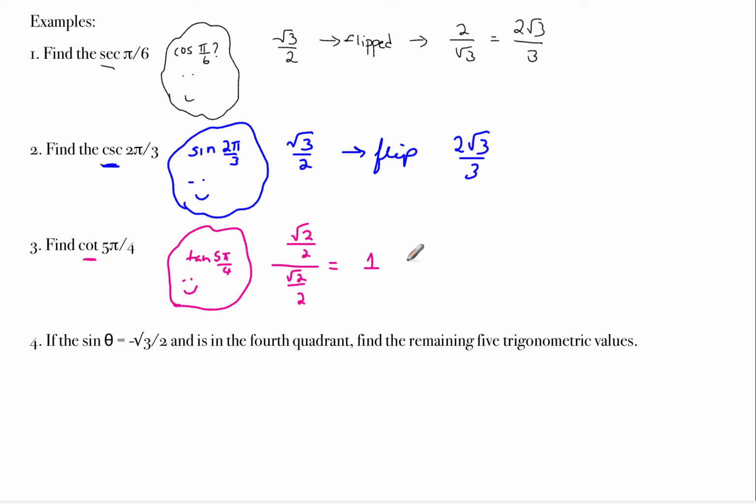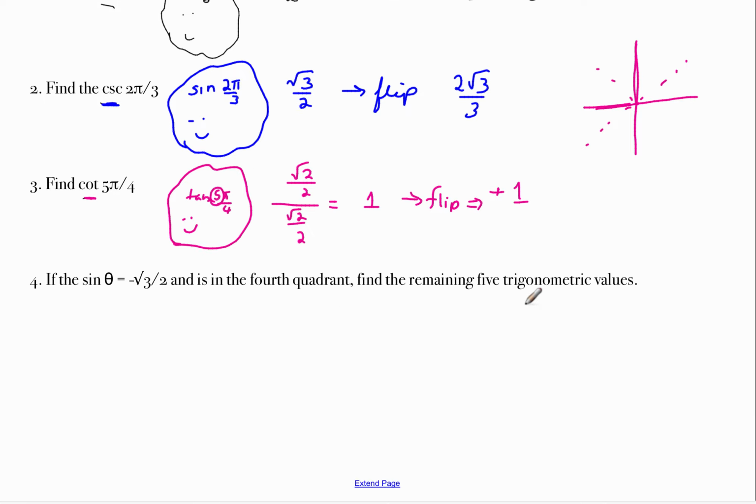So then I flip that, and I get 1. The last thing I have to do here is make sure that I'm in the right quadrant. So 5 pi over 4: 1, 2, 3, 4, 5. Oh, I'm in the third quadrant, and in the third quadrant, tangent, therefore cotangent, is positive 1.